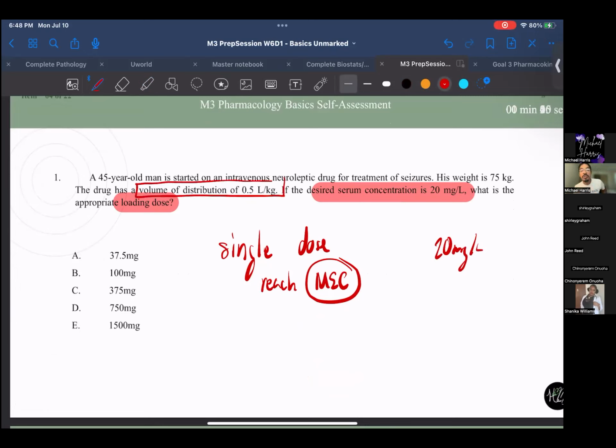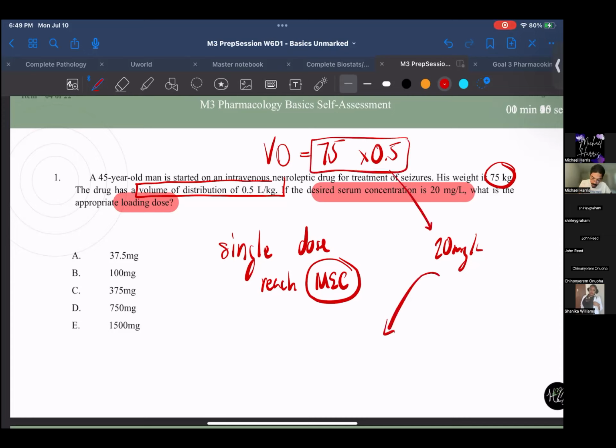Now, they threw a wrench in this because they didn't give you his whole body volume. They gave you a ratio where you have to take this and multiply it by his weight. And then as such, you get his volume of distribution. 75 times 0.5, which would then be multiplied by 20 to find the loading dose.